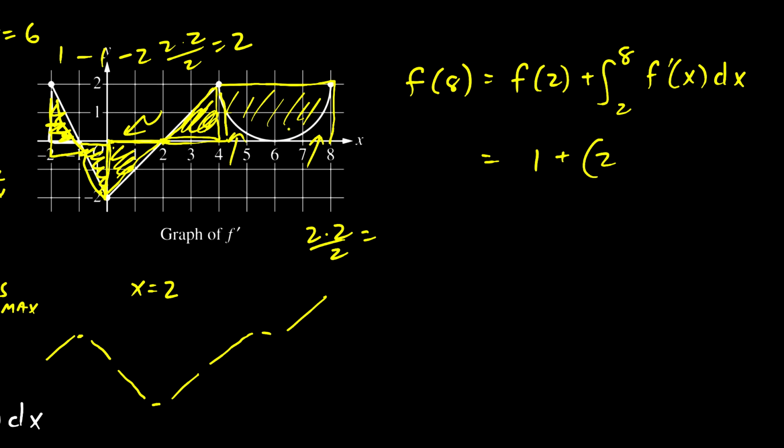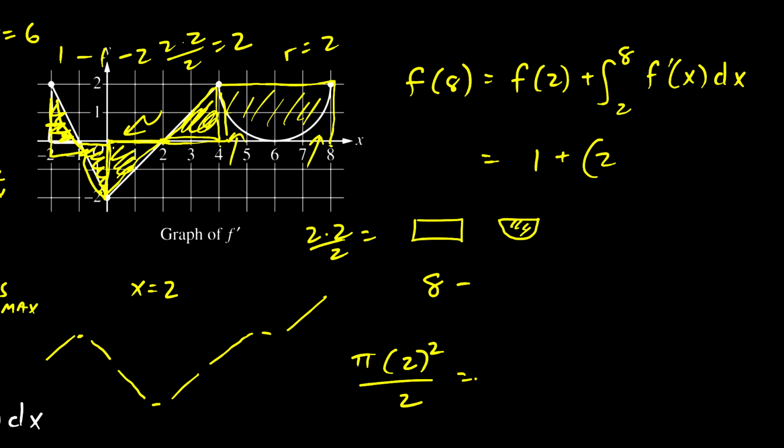So this rectangle here is 4 to 8, so that's 4 with a height of 2. So the rectangle is 8, and just so you picture that, you have the rectangle, and then you're subtracting out the semicircle. And the semicircle has a radius of 2, so we would have pi times the radius squared divided by 2. So we'd have 4 pi over 2, and we end up with 2 pi.